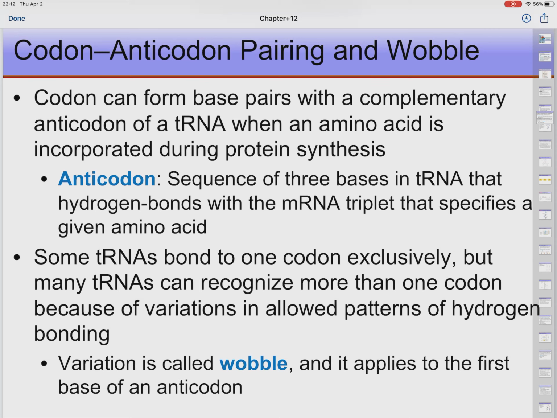And again, we looked at this when we saw that there are 4 different bases that can be in the wobble position. The third position is the wobble position in our codon, but it's the first position in the anticodon. And again, having multiple bases that will still recognize the same codon helps us. It's a better mechanism for fighting against mutations that can happen.